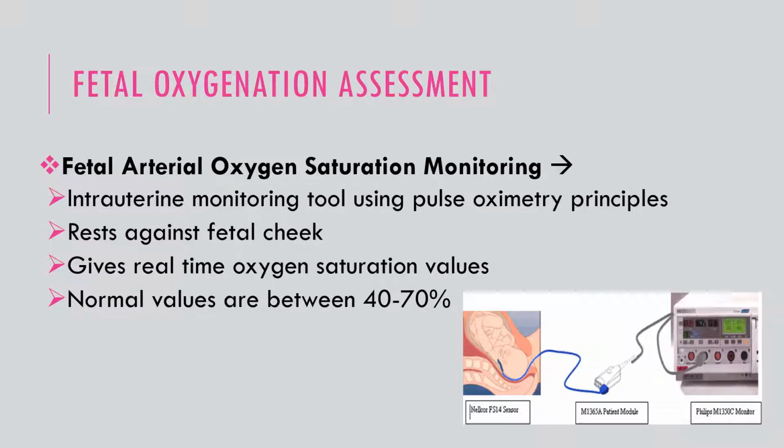But you have to remember that the fetal system works completely differently than somebody who is outside of the womb. So a normal oxygen saturation for a fetus of 40 to 70 is not bad from an oxygenation standpoint because their heart works differently. And they're getting their oxygenation through the placenta and not by actual breathing mechanisms.